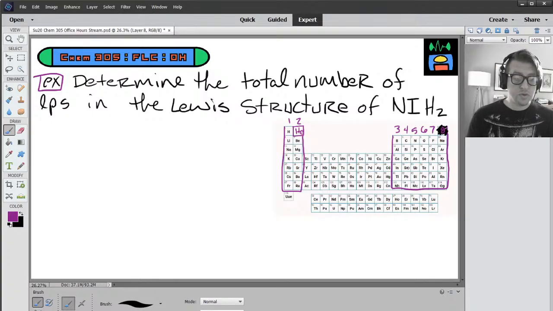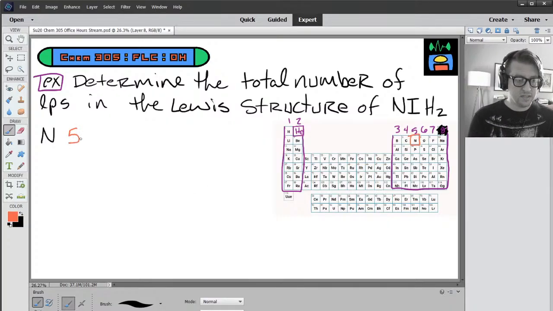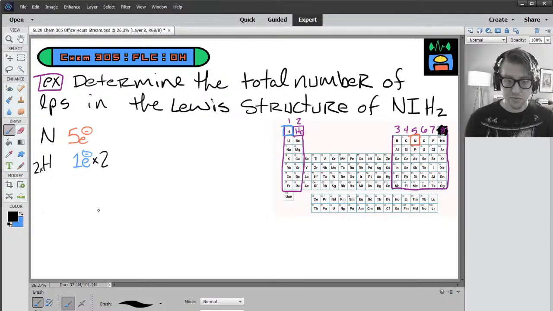All right, so we're going to identify where nitrogen is. Nitrogen being in the 5th column has 5 valence electrons. Hydrogen, because it is in the 1st column, has 1 valence electron. But because we have 2 of them in this molecule, we got to multiply that by 2.